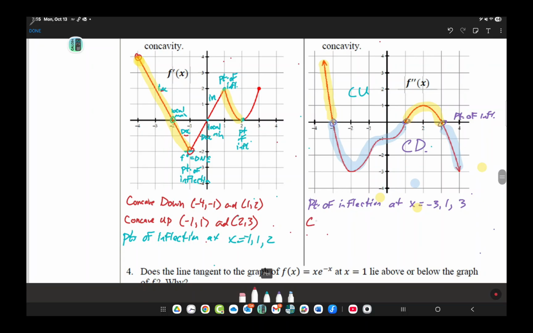So concave up from negative infinity up to -3, and then from 1 to 3. Concave down from -3 to 1, and then from 3 to infinity.